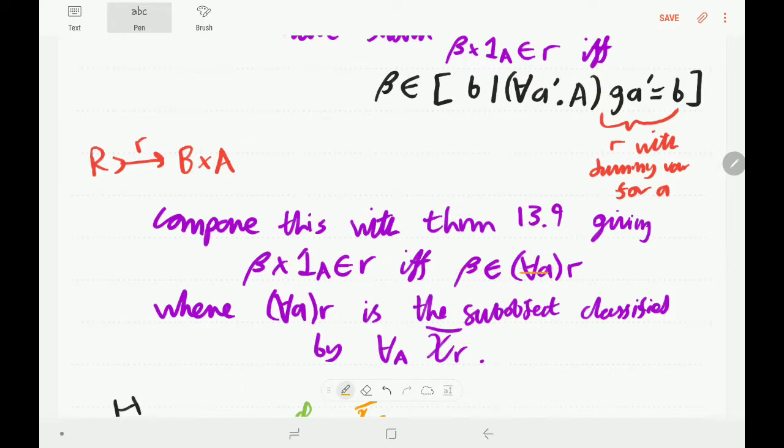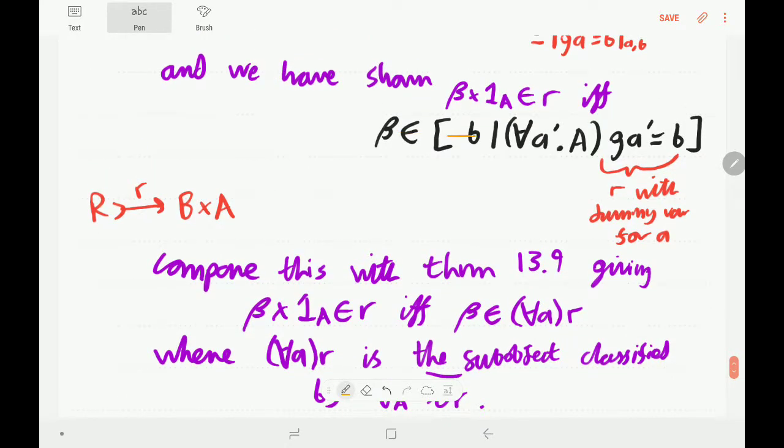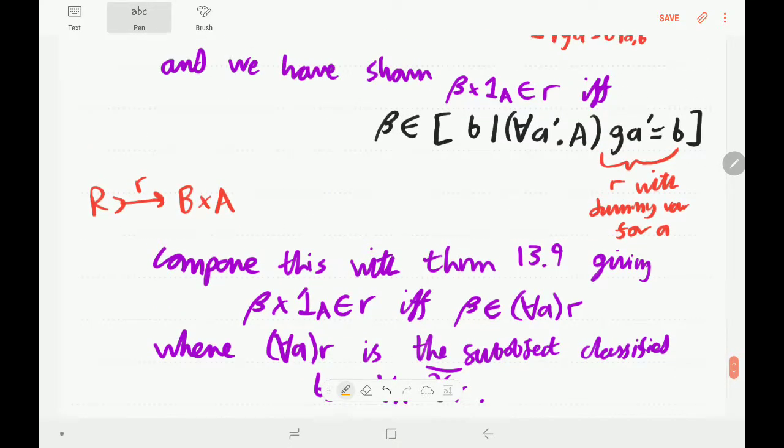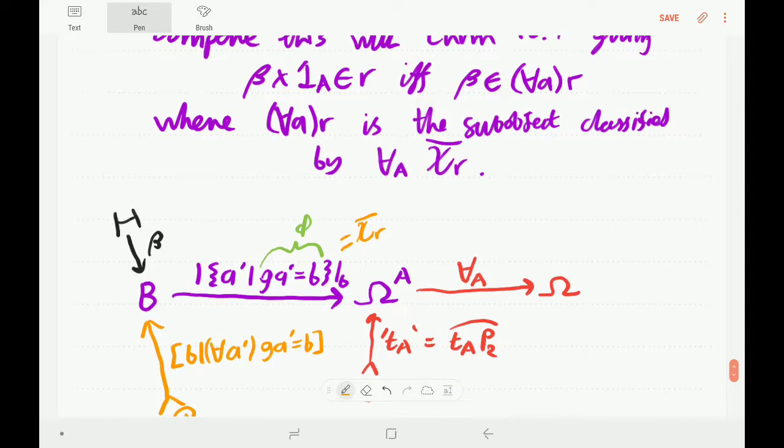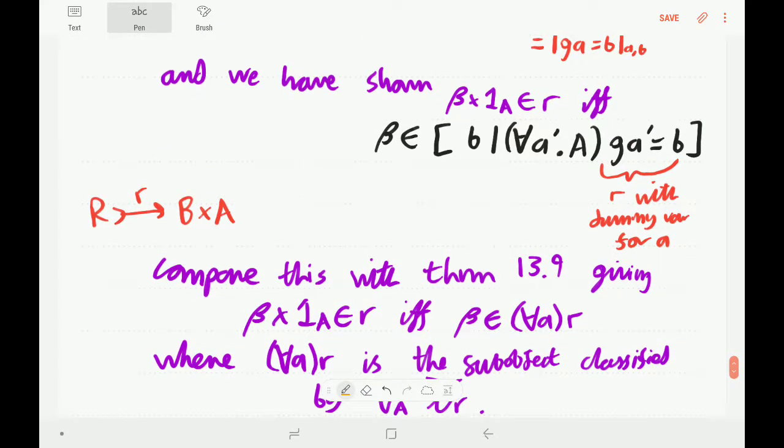But doesn't this look pretty much the same? Well, we've got this beta in for all AR, it's pretty much the same as saying beta is in this sub-object here, which is classified by for all A dash, GA dash equals B. So you see that these notations are very similar, and moreover, I should say, this is the classifying arrow of R, really.